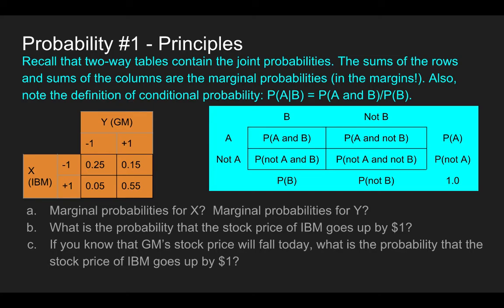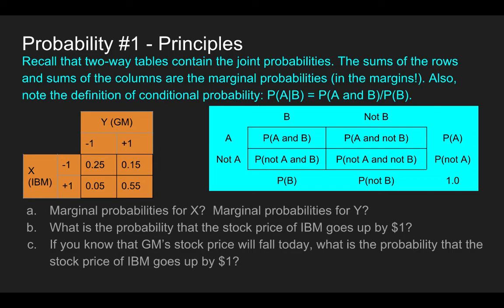So from here, I think you can say the probability of x being -1 would be nothing but the addition of these two values, right? So the probability of x being -1 would be 0.25 plus 0.15, which would be 0.4. And the probability of x being 1 is 0.6.